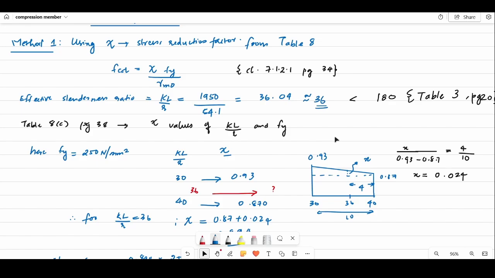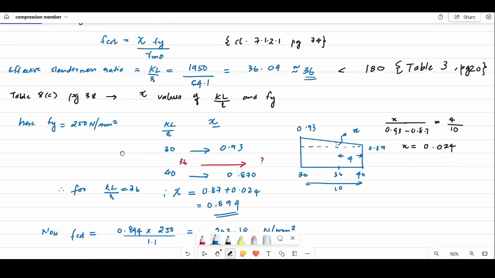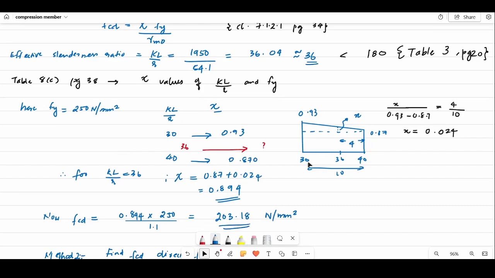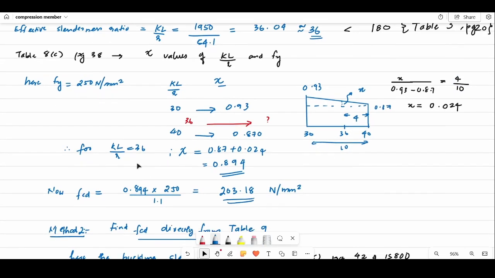So corresponding to the slenderness ratio of 36, we have to find the value of the stress reduction factor, so we have to use the interpolation method. For 30 slenderness ratio the value was 0.93, for 40 it was 0.87. So I will be interpolating to find the value for 36. Based on this interpolation method, I obtained a stress reduction factor of 0.894 for a slenderness ratio of 36.